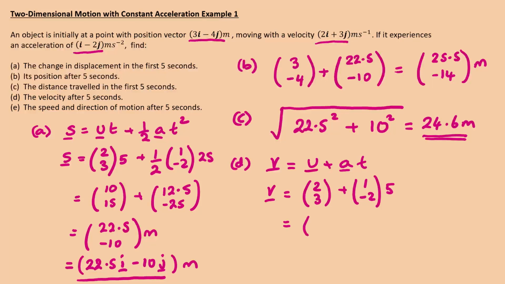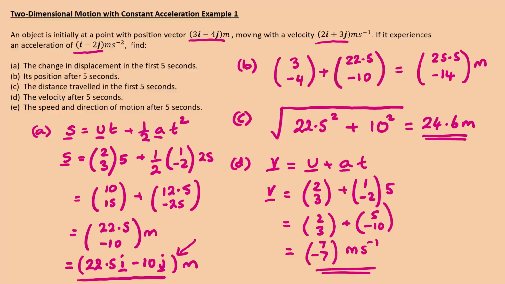So that's going to be 2, 3 plus 5, negative 10, which is 7, negative 7 meters per second. Of course, you could put this back into an ij type notation.